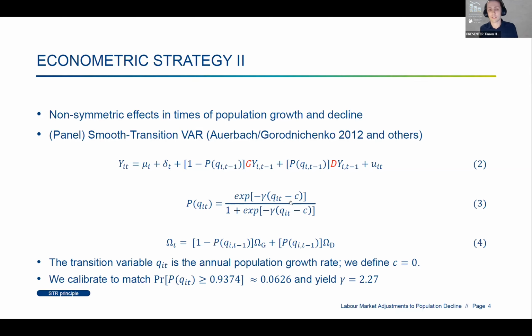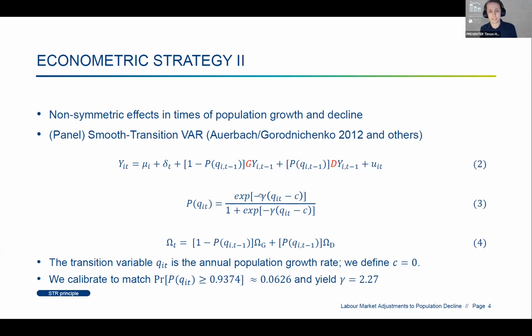The c parameter defines when this switch occurs, so which breakpoint defines 2 different regimes. In our case, this is of course 0 as we're interested in decline. And the other parameter, gamma, governs the smoothness of the transition between growth and decline. So we also capture the dynamics which are happening at very low population growth and very low population decline as some kind of population stagnation.